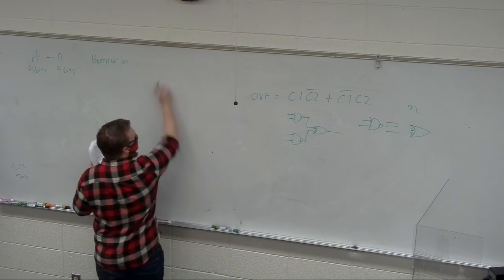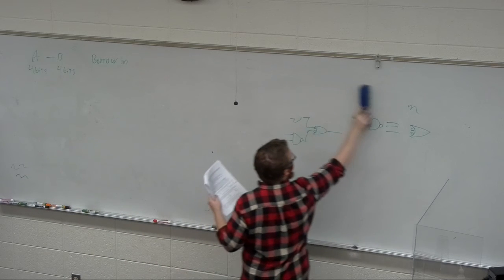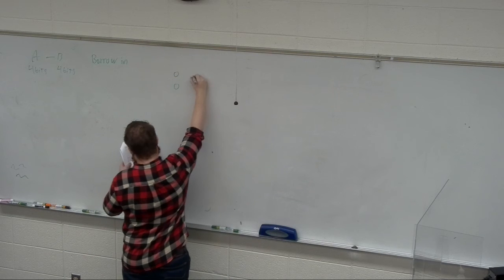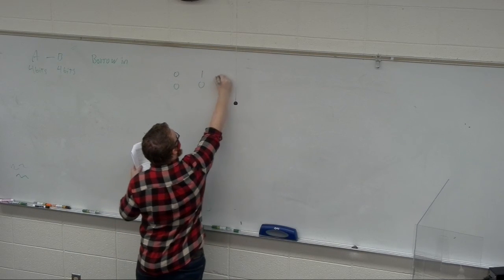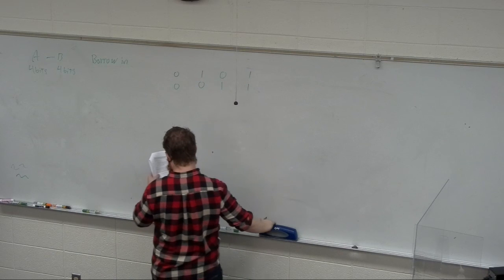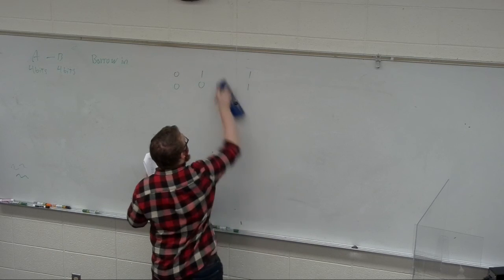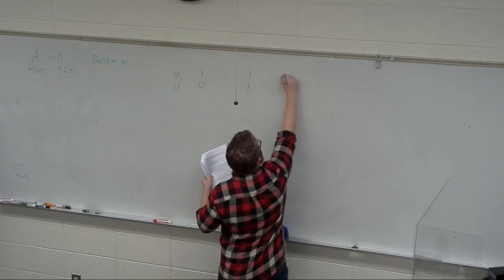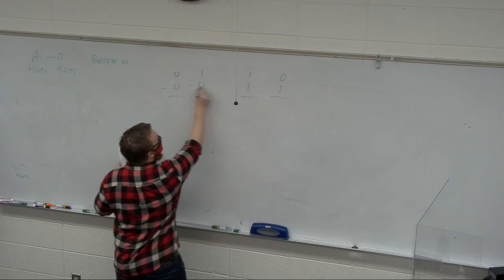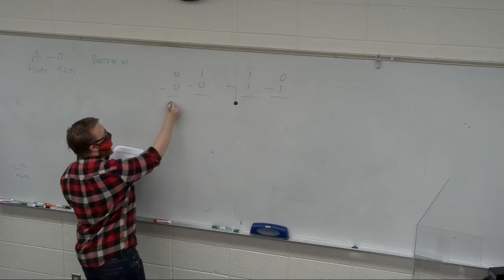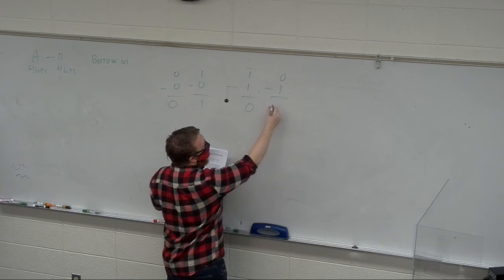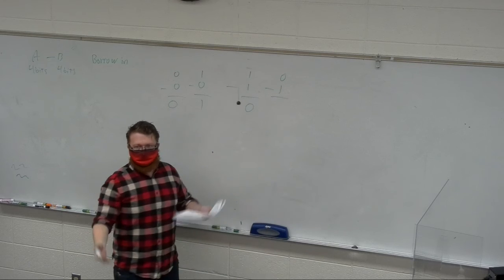So what we can look at, actually, do that last. Well, 0 minus 0 is 0. 1 minus 0 is still 1. 1 minus 1 is 0. 0 minus 1 is, well, here's where we have to start borrowing.